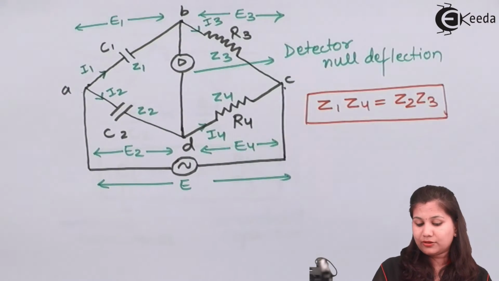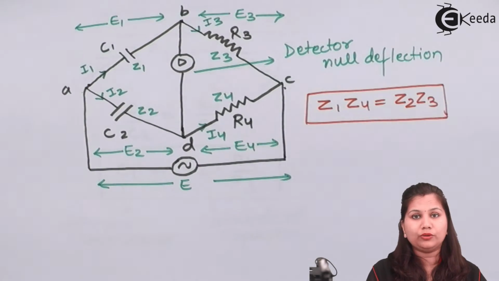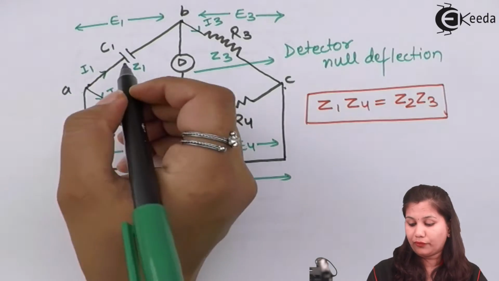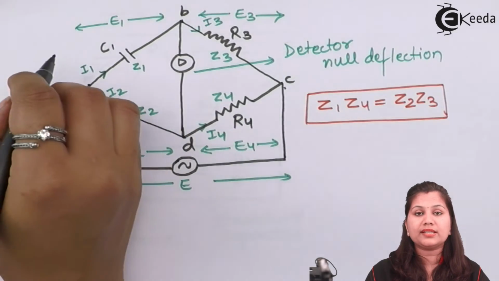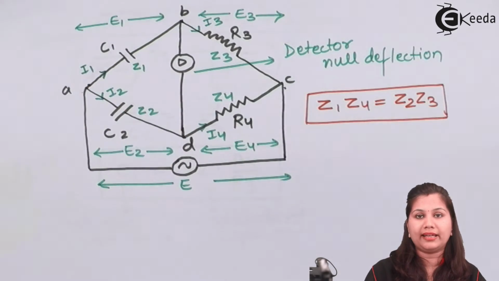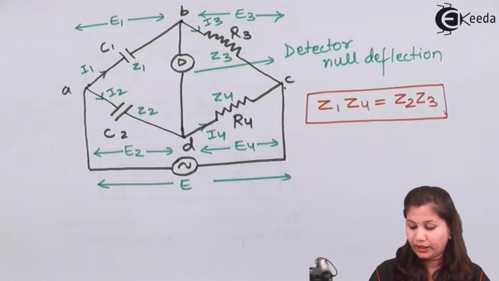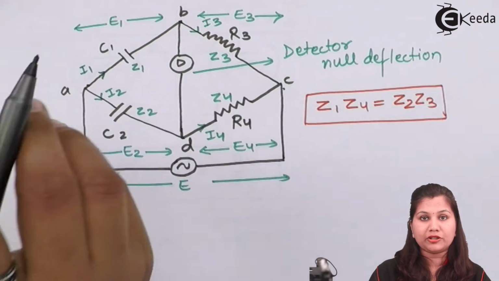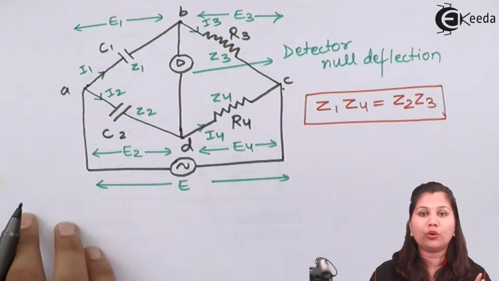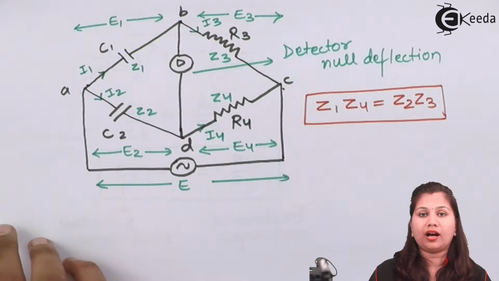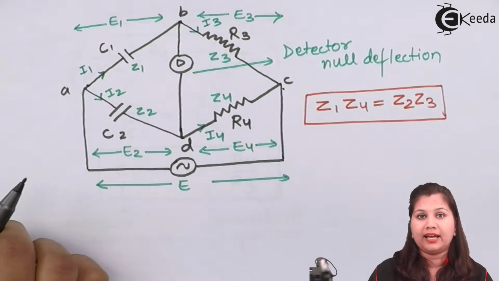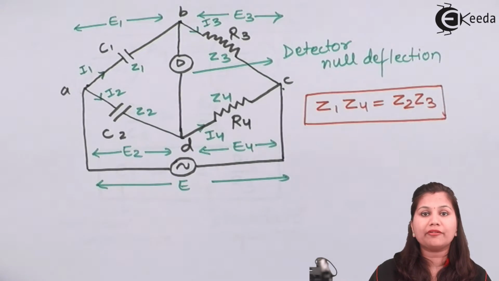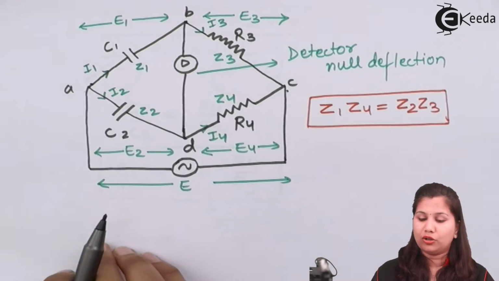But this D-Sauty bridge measures the value of the capacitance of the capacitor which is free from the dielectric losses. Okay, so here we can measure the capacitance of only those capacitors which are the ideal capacitors, that is those capacitors which are free from the dielectric losses.